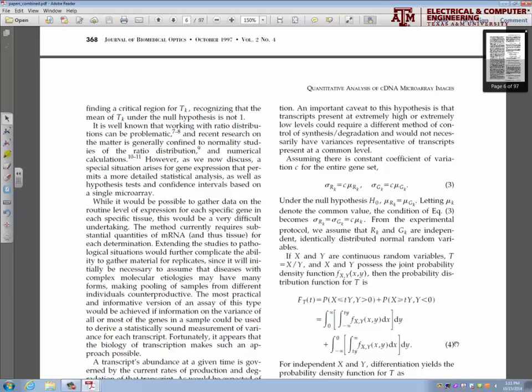So if x and y are continuous random variables, t is the ratio of x to y, and x and y possess the joint probability density function f_xy of x and y, then the probability distribution function for t, F_T of t, is the probability that the random variable capital T is less than or equal to little t. But capital T is x over y, so x over y must be less than or equal to little t.